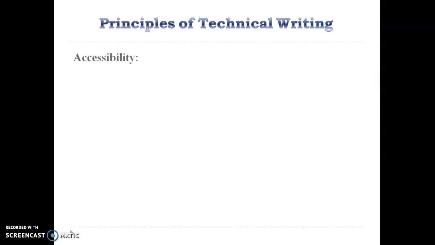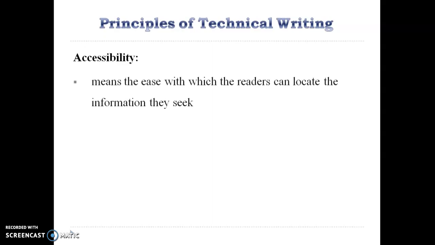Now, moving on to the next principle, that is accessibility. Accessibility means the ease with which the reader can locate the information they seek, especially if you're preparing a long document like a project report. So it should be easier for your reader to locate a particular piece of information in your technical report.